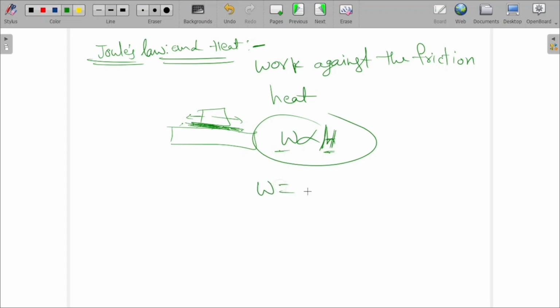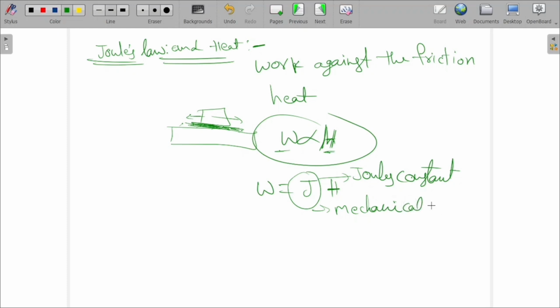So that will be written as work done equal to J into heat, where J is called Joule's constant, or Joule's constant of proportionality. This is also called the mechanical equivalent of heat.